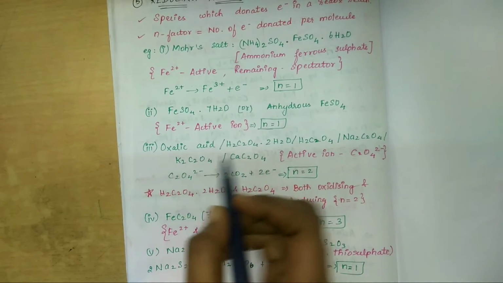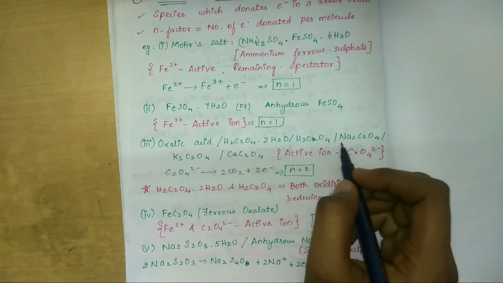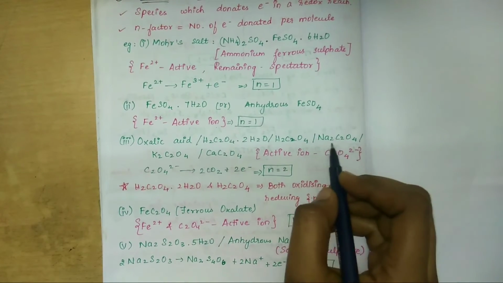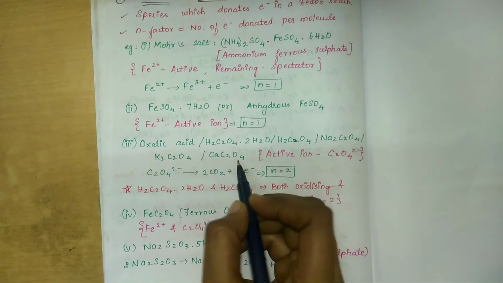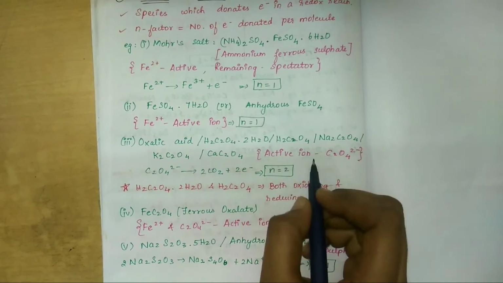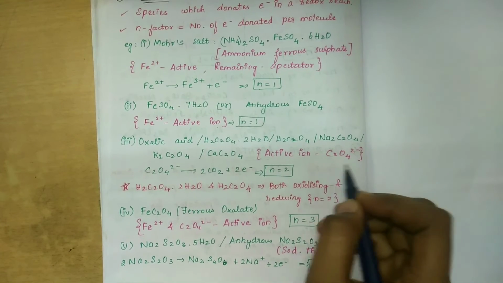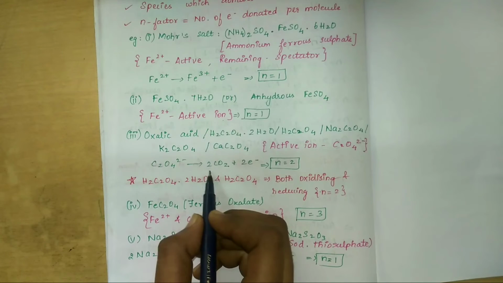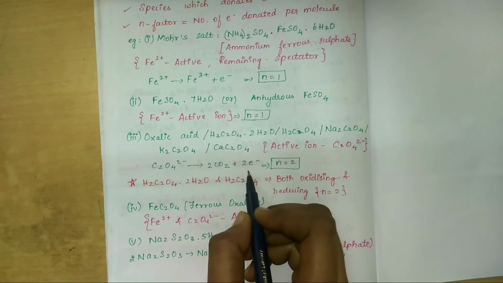Then oxalic acid, which has the formula H2C2O4.2H2O, or anhydrous oxalic acid, or sodium oxalate, potassium oxalate or calcium oxalate. Here the active ion in all of these is the C2O4 2− oxalate ion. It will give 2 molecules of carbon dioxide by releasing 2 electrons.